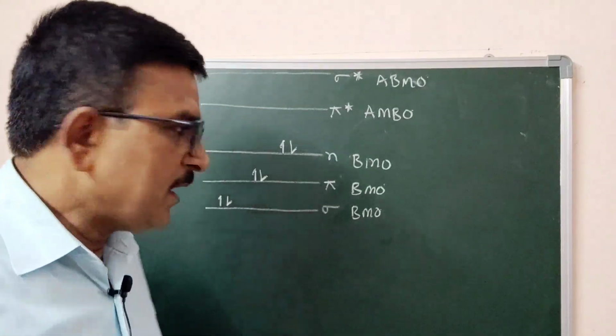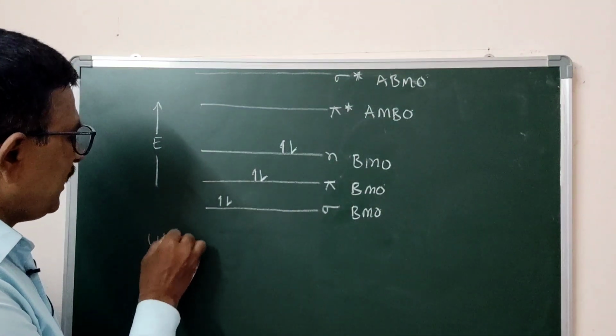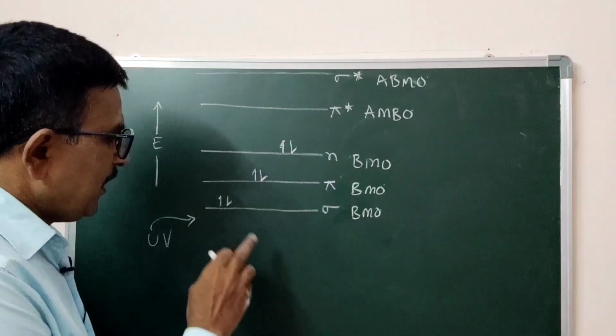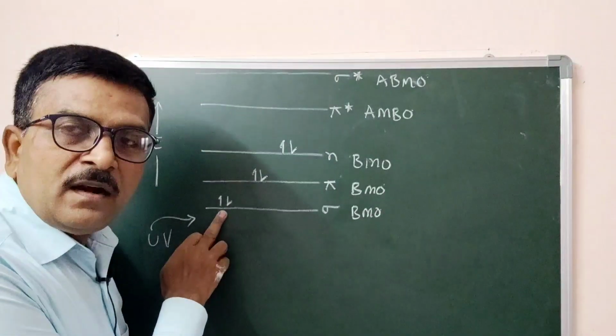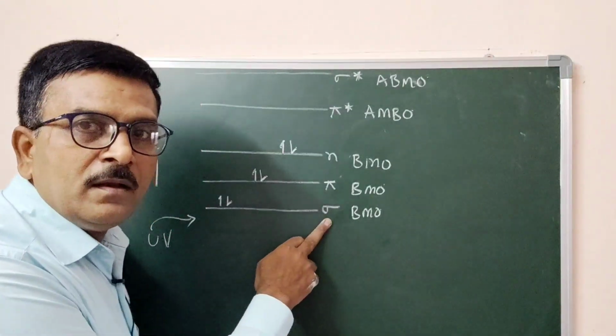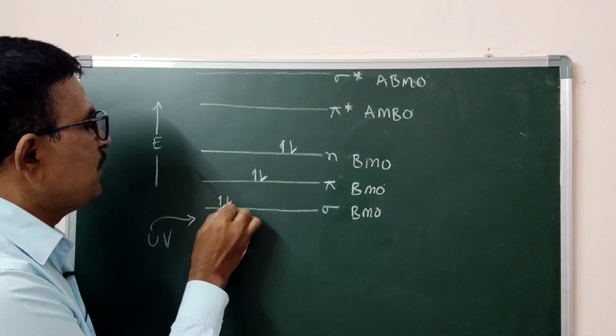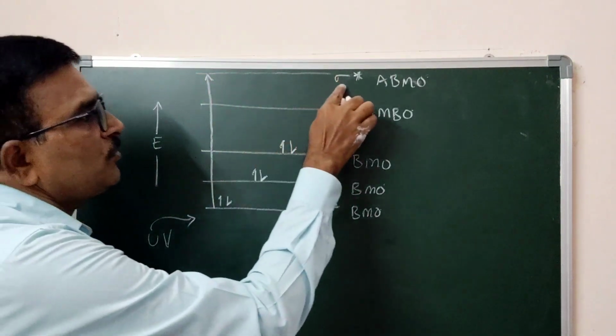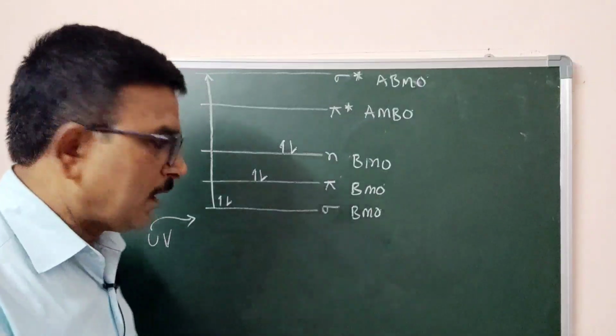Now when we supply ultraviolet energy, UV radiation, to the sample, what happens? An electron from the sigma bonding molecular orbital may undergo transition to where? To the sigma anti-bonding molecular orbital.